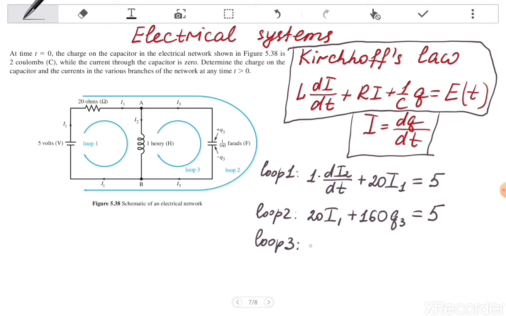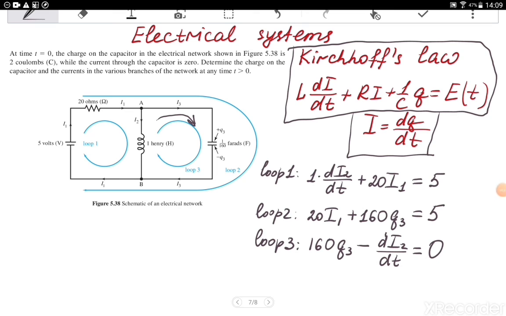Through the capacitor we have the same thing, 160 Q3, and we assume everywhere that the direction like this is positive, so I2 goes in the reverse direction and we must use a minus. Here we have 1 times the derivative of I2, no coefficients, and this must be 0.